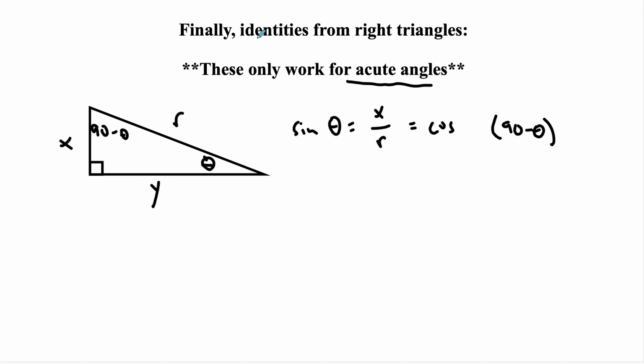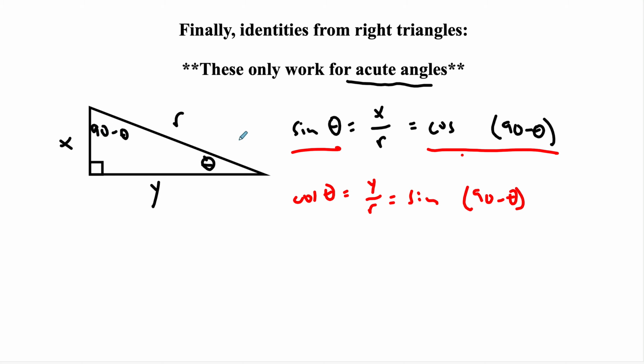So what this means is sine theta equals cosine of 90 minus theta. It also means, if I take the cosine of theta, which would be y over r, and I switch over to 90 minus theta, now the y is the opposite, so it's equal to the sine. So it works both ways. You can think of sine and cosine as being paired.